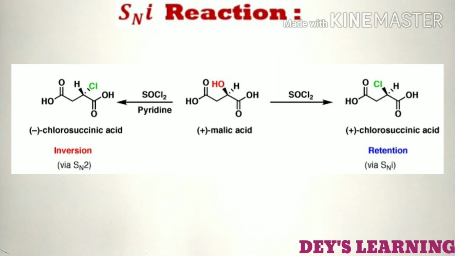So now the question is, what is the role of pyridine here? If pyridine is added, the course of the reaction is changed, the mechanism of this reaction is changed. So in presence of pyridine, this reaction is actually SN2. Now we consider the mechanism of this reaction in presence of pyridine.